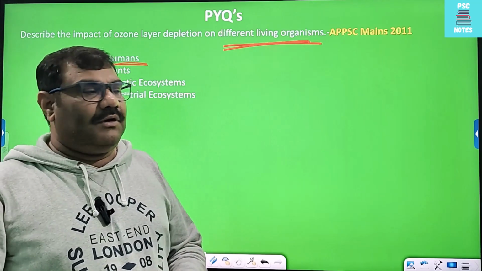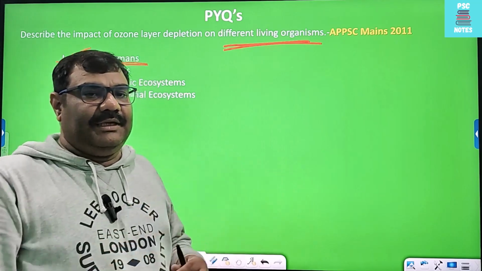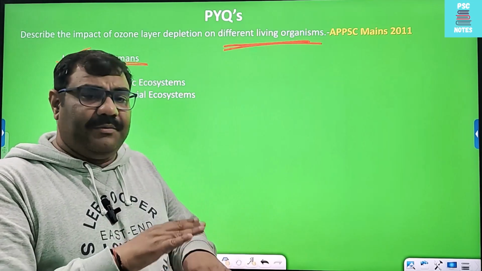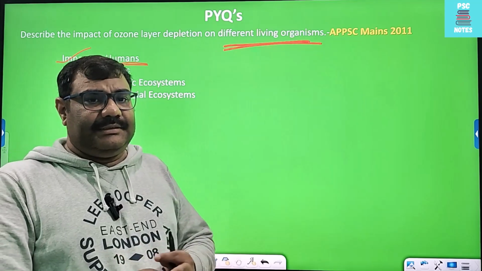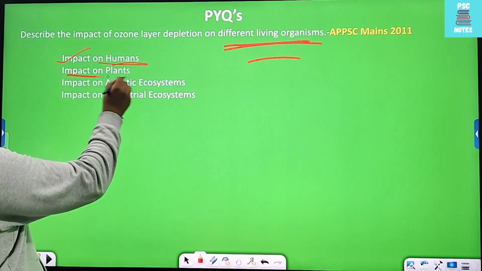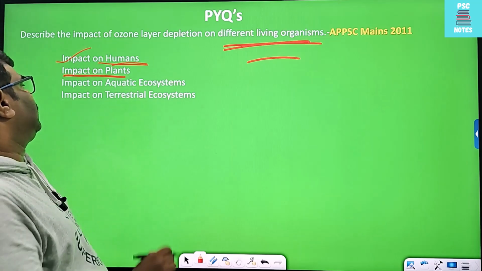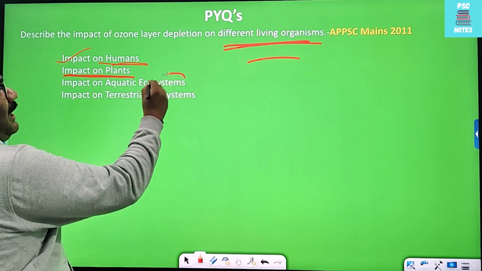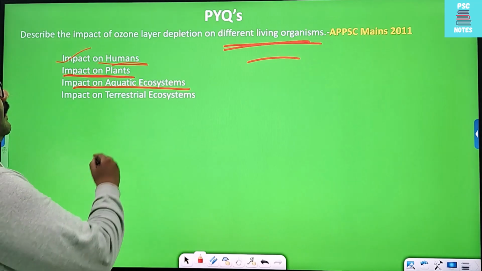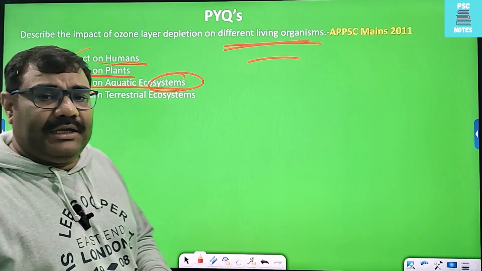So harmful ultraviolet UV-B and C cause immune suppression, skin disease, cataract. Further, we can give the effect on plants, the impact on the aquatic life system, and also the impact on the terrestrial ecosystem.